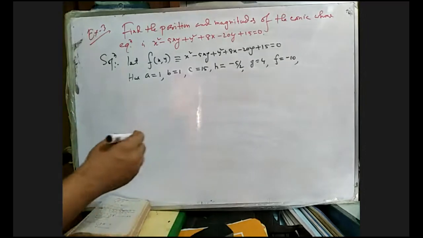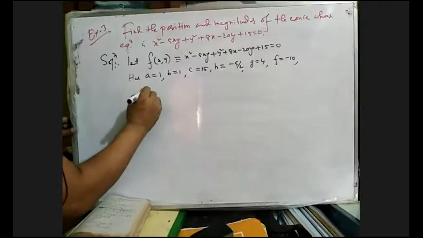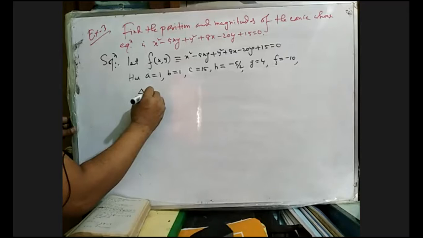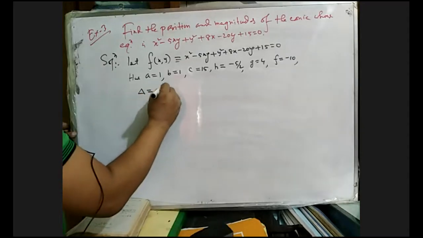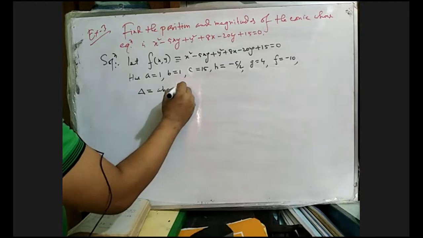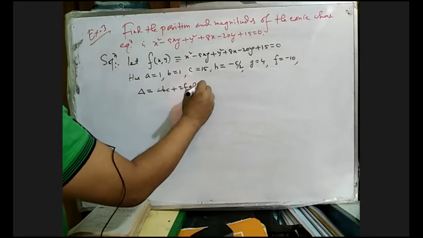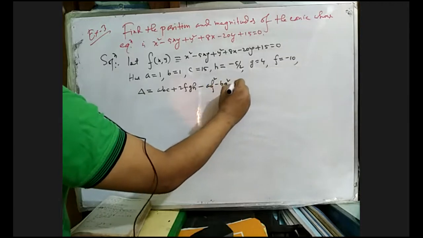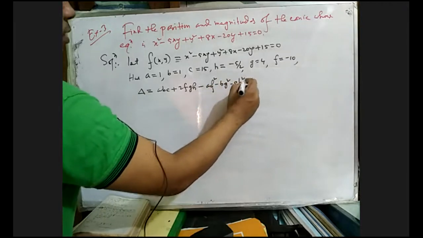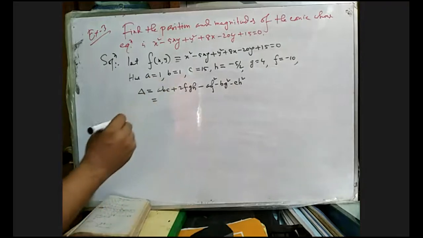Okay. So the determinant consisting of the coefficients of the equation will be abc plus 2fgh minus af square minus bg square minus ch square.